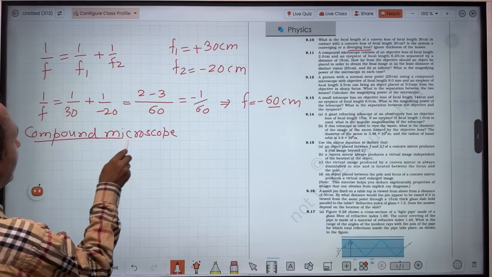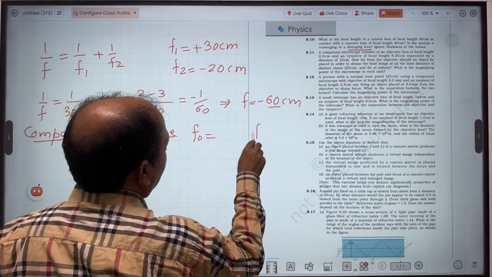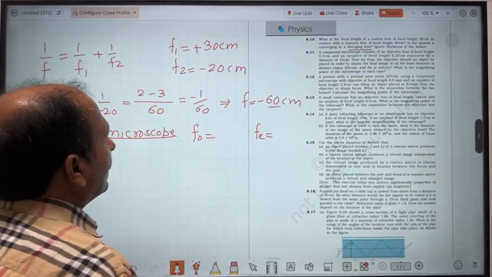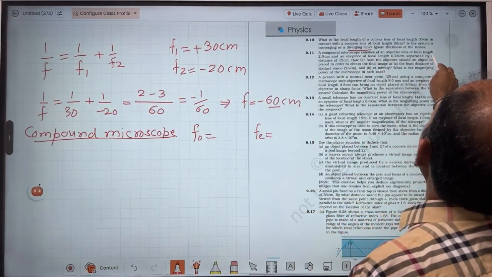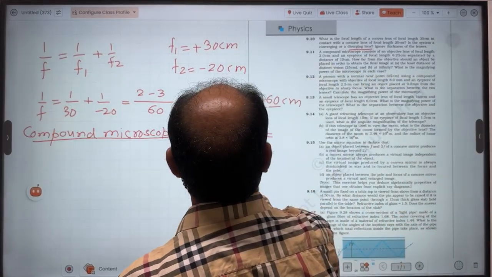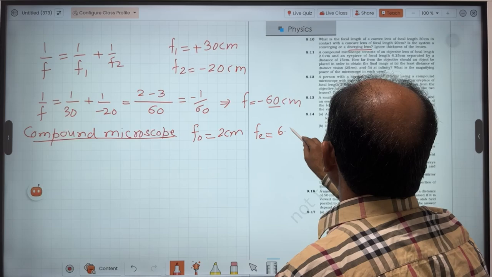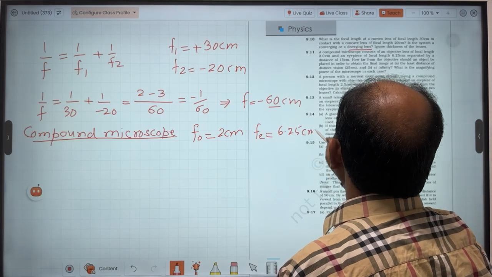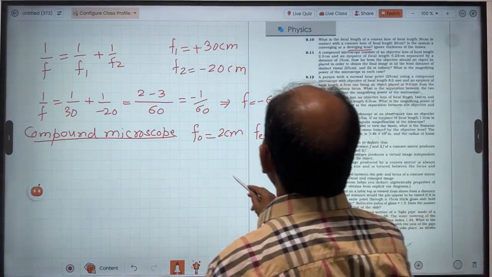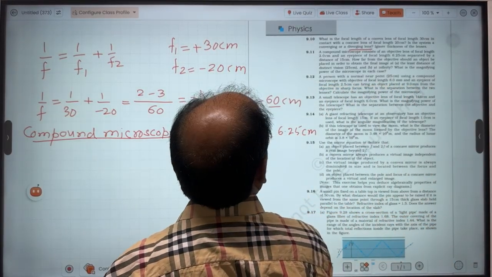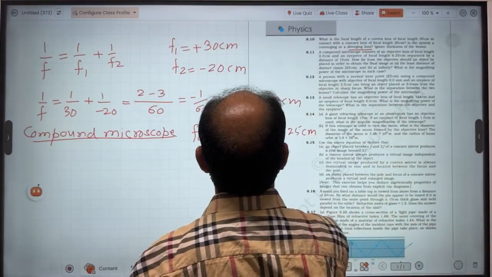Here basic information, we need FO, FE, the focal lengths of objective and eyepiece. So the objective has focal length 2 cm and the eyepiece has focal length 6.25 cm, right? They are separated by a distance of 15 centimeter, the length of the tube or separation between the two lenses is 15 centimeter.